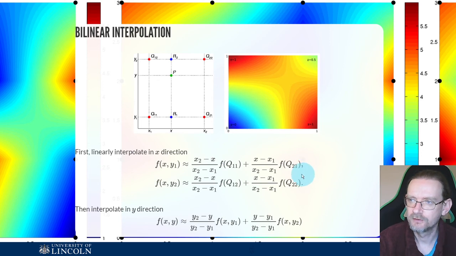And I'll leave you to try and chug through the equations, but the notation gets a bit fiddly, but that's the idea. So we've got this point and this point, we interpolate at the same y value. We just vary in the x value to get this R1, the same up here, and then we keep the x value the same, appropriate for R2 and R1 that we've interpolated, and then just interpolate in that direction.